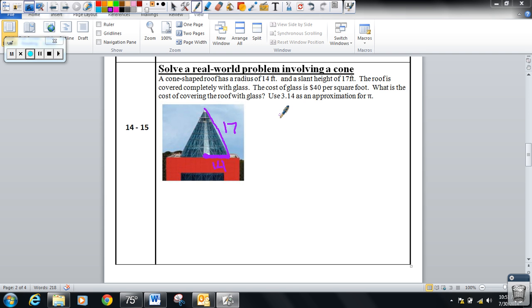So I don't need to find the area of the whole thing, just the lateral surface area, which again is pi r L. So pi, they said to use 3.14 times the radius of 14 times my slant height of 17. So that gives me approximately 747.32 square feet.